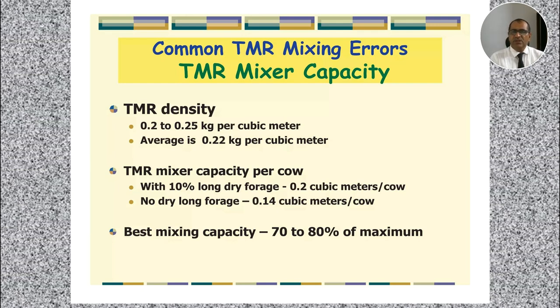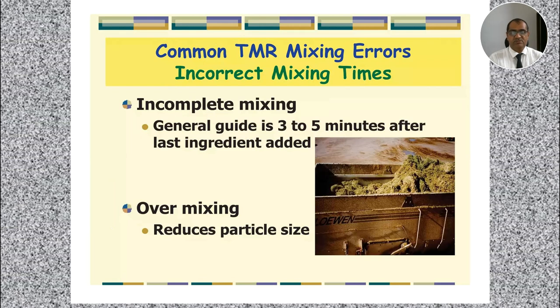The best mixing capacity is 70 to 80% of maximum. It cannot be achieved to the extent of 100%, because even if we use a better mixer, it is impossible to go up to 100%. That's the maximum.